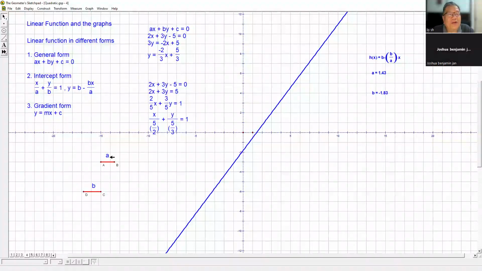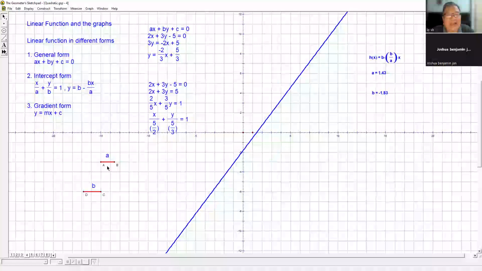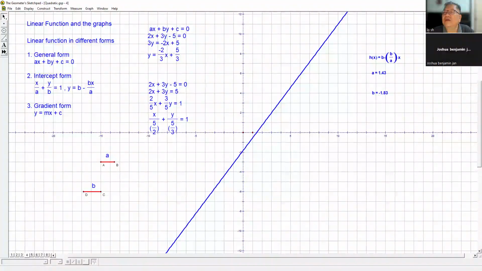I have made this value of A into a slider like this. The value of A is 1.43. This line. The value of A is 1.43.